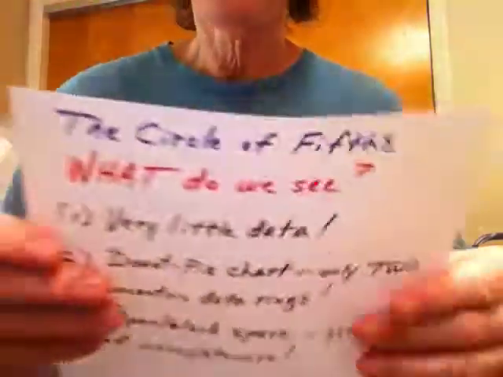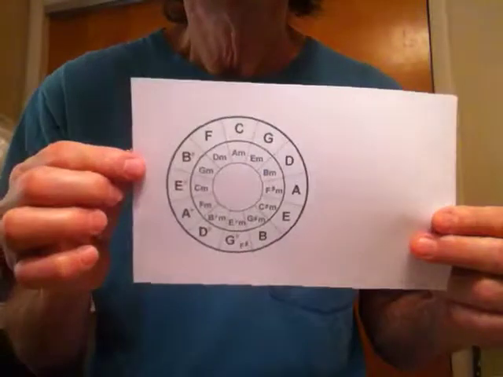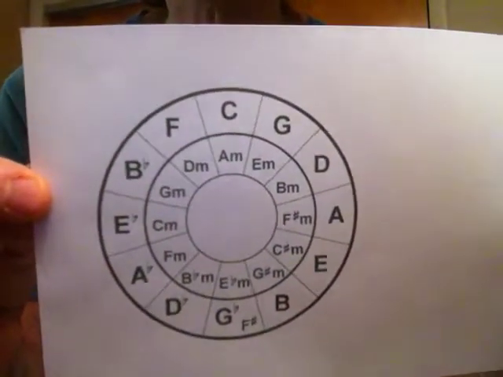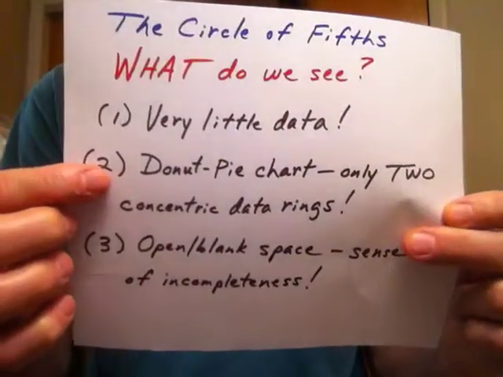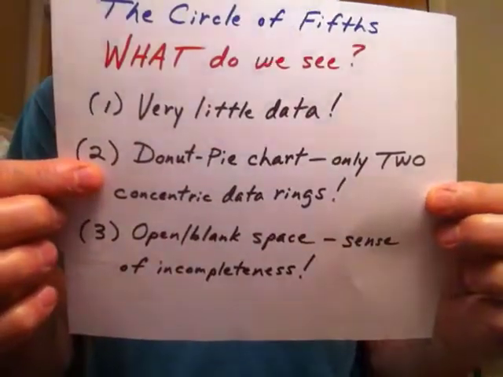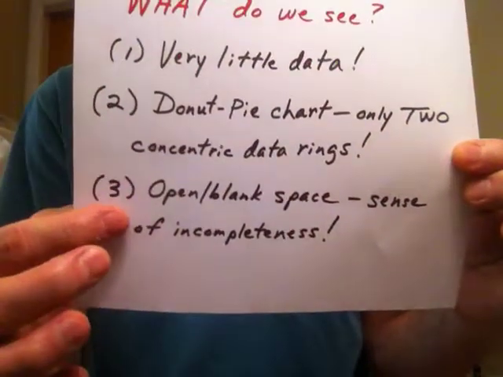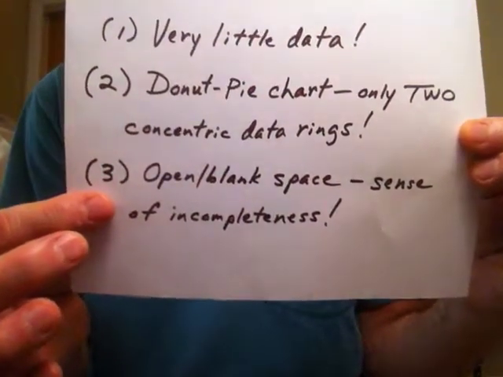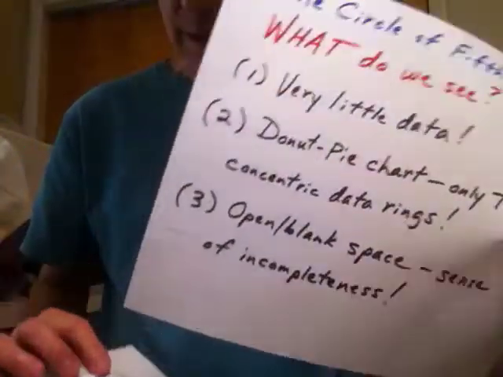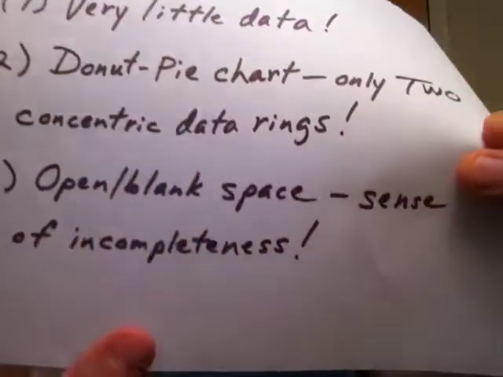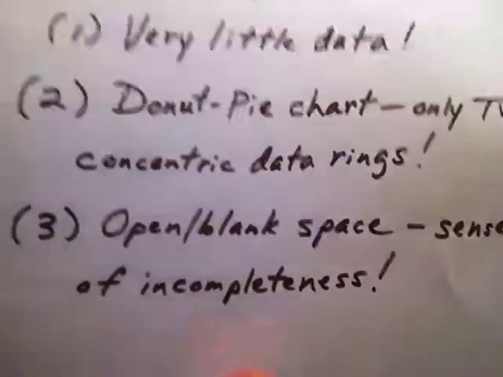So you see, the present day circle of fifths has very little data. It has only two data rings, and there's this great sense of something missing. There's openness and there's space. That's a sense of incompleteness, you would think.